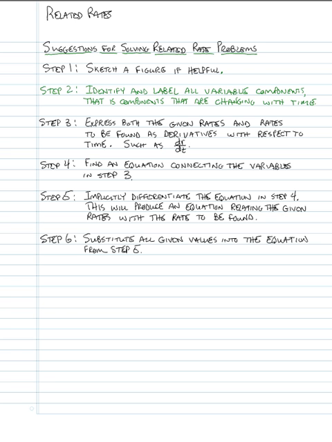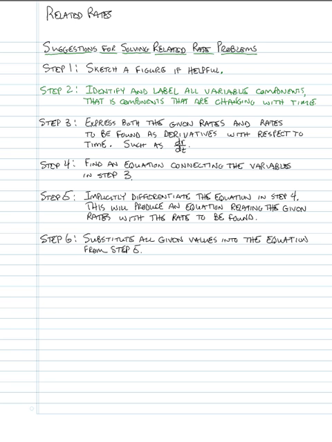So step 5 is to implicitly differentiate the equation that we found in step 4. What this will do is produce an equation relating the rates, that is, relating the given rates with the rate that we are to find. And once we have that equation, then we can find the rate by substituting the appropriate values in. In fact, that's what step 6 is.